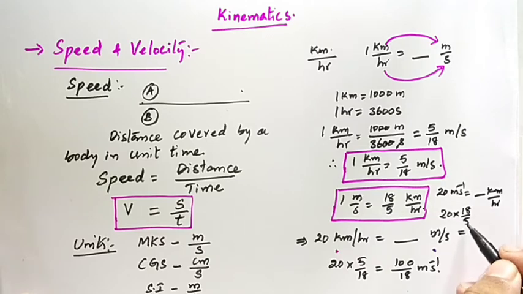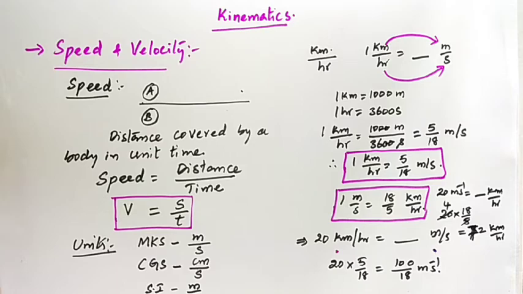That is equal to 5 4s are 20, 18 into 4, 72 kilometer per hour. So in this way one can convert kilometer per hour into meter per second and meter per second into kilometer per hour. Understood? Right.